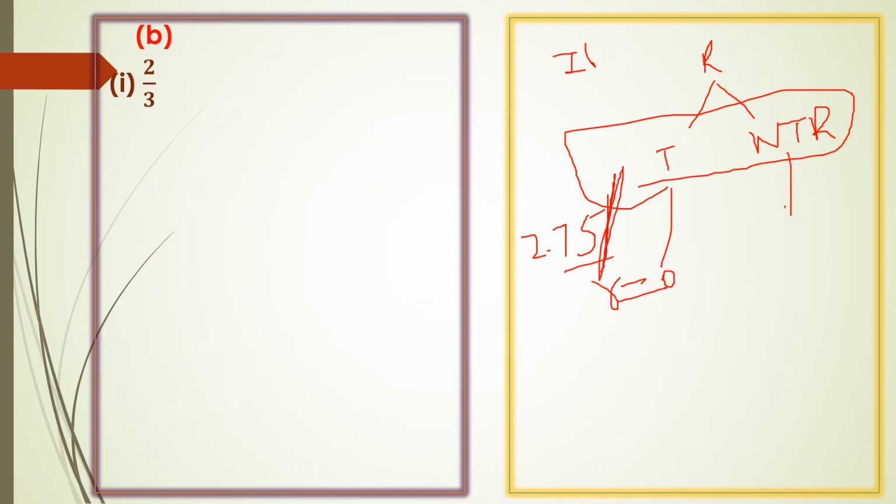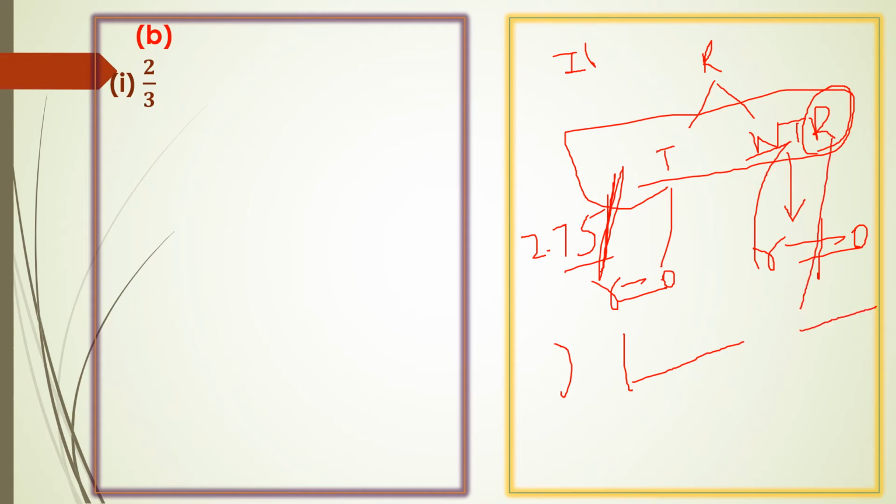Non-terminating repeating means your remainder will not be 0. If the remainder is not 0, your decimal expansion will go on like this. It will repeat. The name itself is telling: non-terminating means remainder not 0. Repeating means your decimal expansion will repeat with the same digit. Suppose like this, 2.3, again 3, 3.